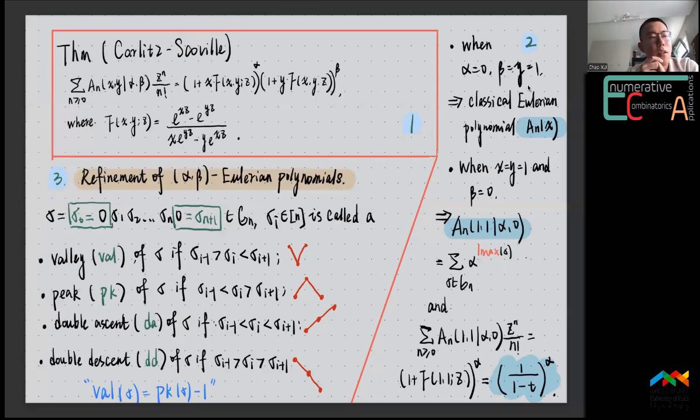Later we can refine the alpha-beta Eulerian polynomial. We consider three consecutive elements in the permutation, which can be classified as a valley, a peak, a double ascent, or a double descent, like this. It is clear that the valley number equals the peak number minus 1.